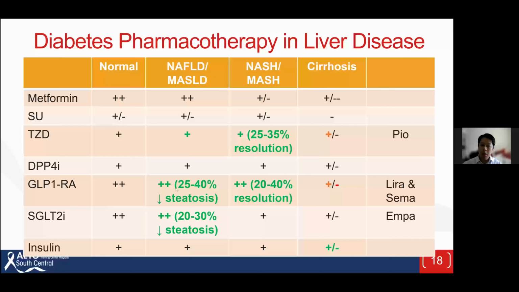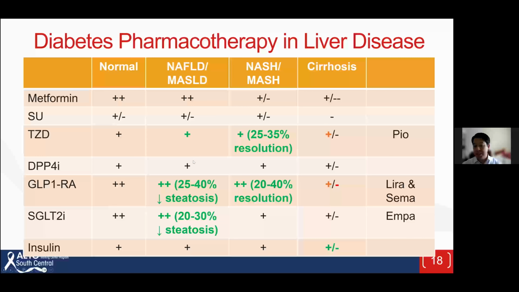When it comes to what we used to call non-alcoholic fatty liver disease, now it's metabolic associated steatotic liver disease, or metabolic associated steatohepatitis, is the new terminology for NAFLD and NASH. Some drugs are actually proven to be beneficial, and I've highlighted these here in green.